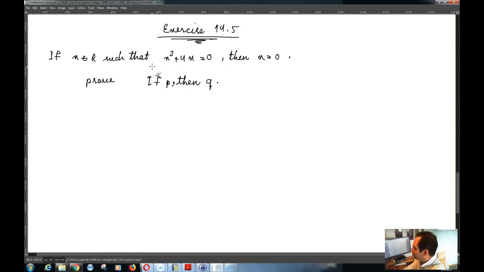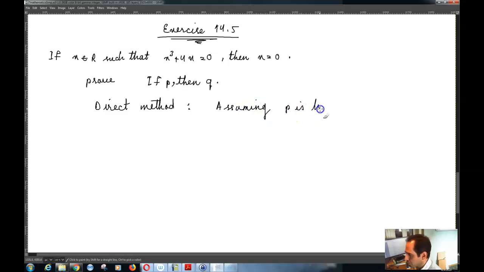Either we could do it using the direct method: assuming that P is true, we prove that Q must be true.